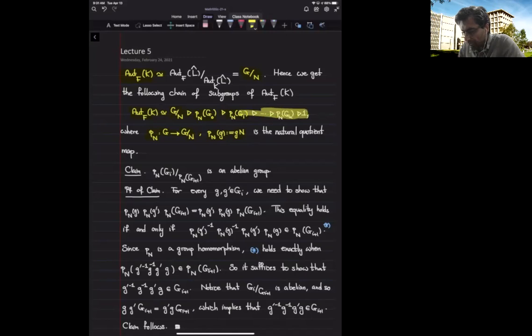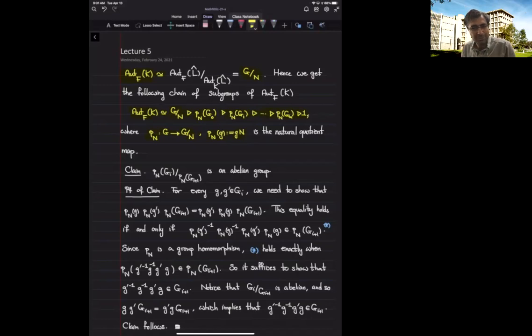Now I want to argue that this chain also has the property that each one modded out by the next one is an abelian group. And therefore, as I've mentioned, we say that the group is solvable.